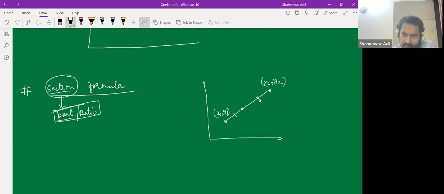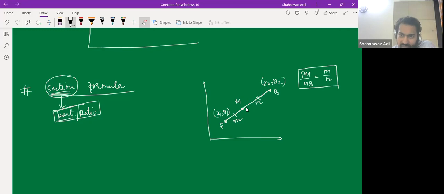This is the part that the section formula talks about. Let's say this is divided in m ratio and this is divided in n ratio. Let's say this is P, this is Q, and this is M. So PM and MQ are divided in m by n ratio.